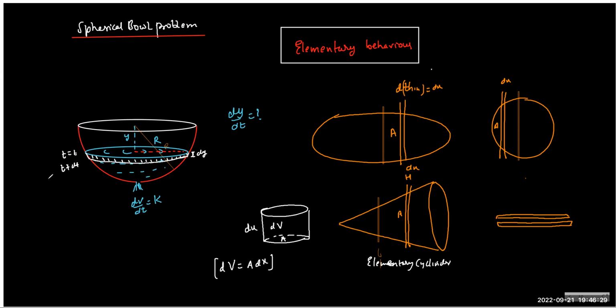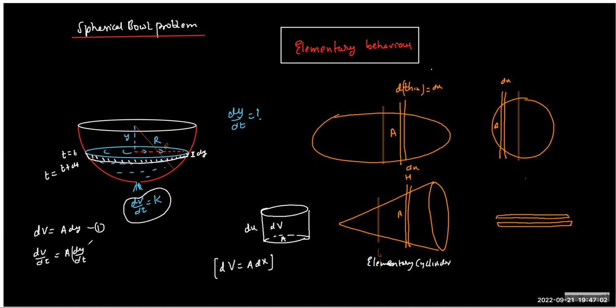So from time t to time t plus dt, we lost that much volume, and that volume has come out of the hole itself, isn't it? So dV that we are losing is A dy. So dV by dt equals A dy by dt. Can it be right? Yes or no? And we're done.